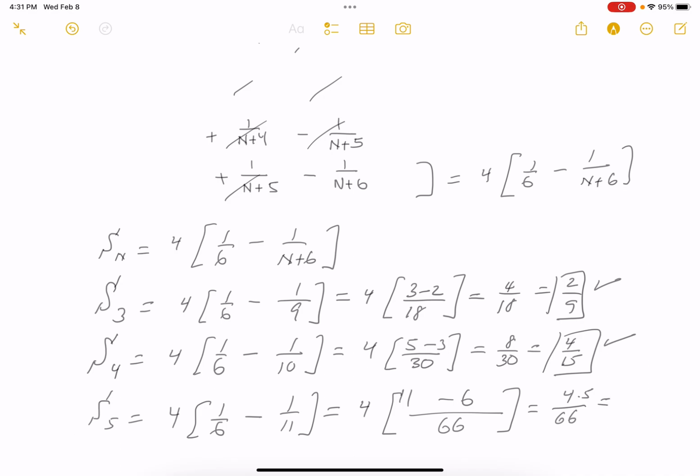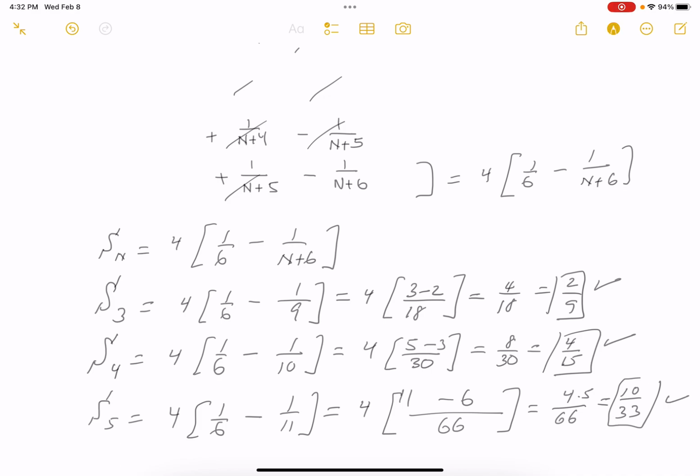I've got to reduce that because it doesn't look right. I'll reduce it by 2, so the top is 10 and the bottom is 33. So you get 10 over 33. We give you a key for a reason, so check it, and I'm seeing 10 over 33.